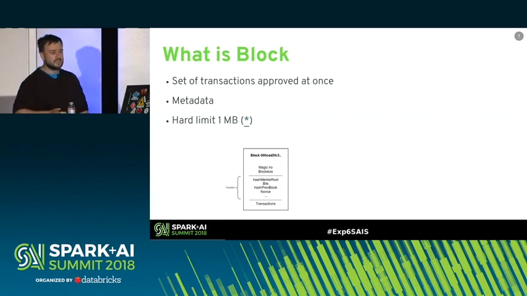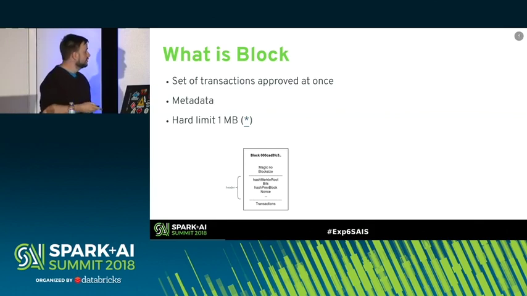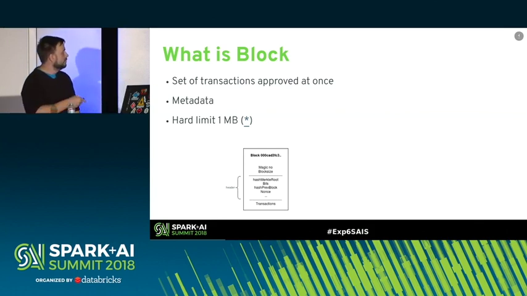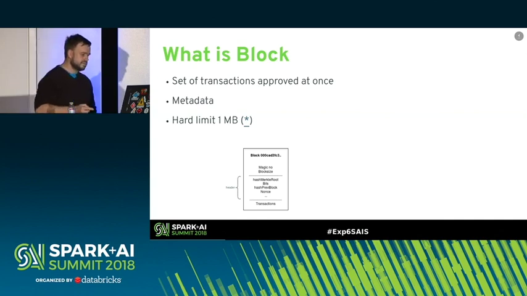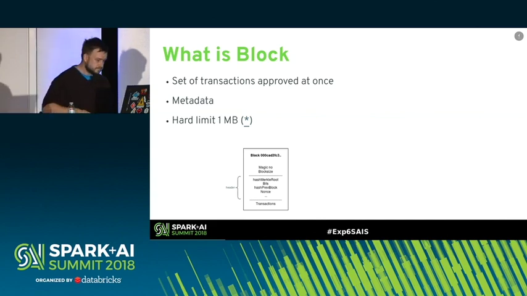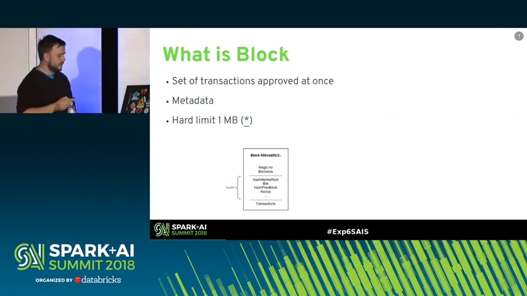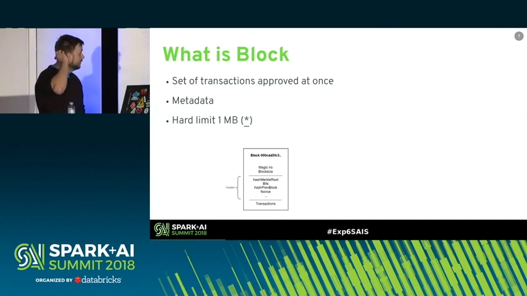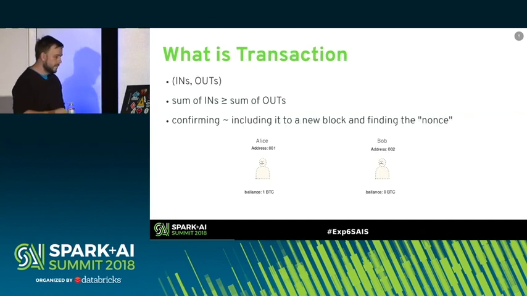If it is a fork of the original Bitcoin, it's determined by this magic number. It also has something called the hash Merkle root, which is a hash of all the transactions contained in this block. And these days there is a hard limit of 1 megabyte for each block, so you can't put more than 1 megabyte of transactions into a block.